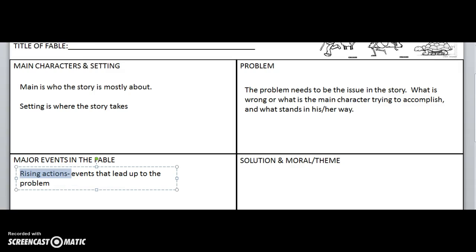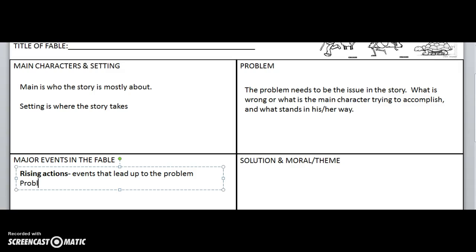The rising actions, or the events that led up to that problem, we said was the shepherd boy lying and telling the villagers that there was a wolf when actually there was not one. This caused them not to trust him, which in turn led to the problem, which is when the wolf actually did come and he cried wolf, they didn't believe him. So make sure you have the events that lead up to the problem, not the problem.